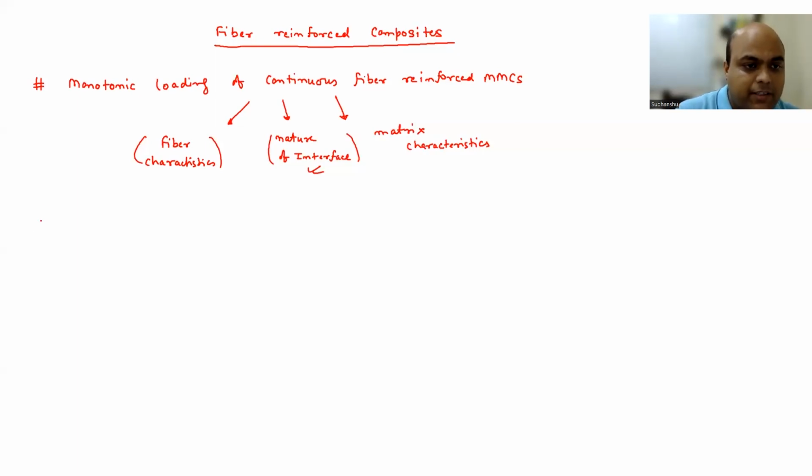So let's see what happens when you have a composite and you have fractured one of the fibers. Damage in the composite when a single fiber is broken.